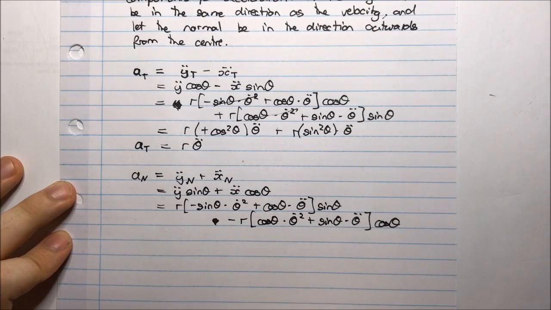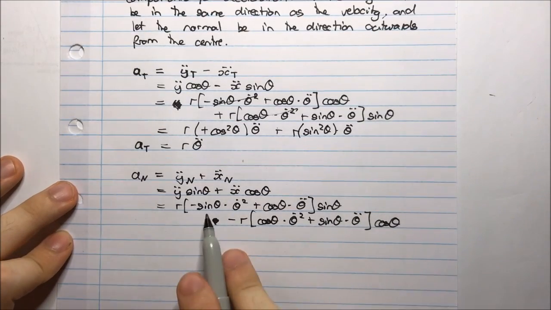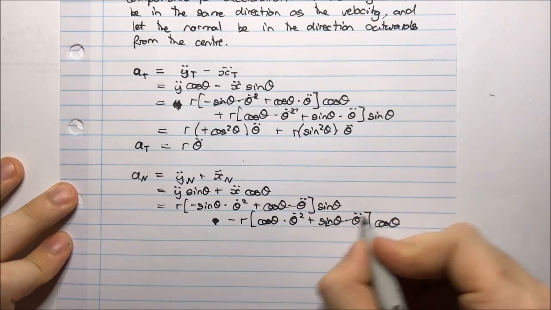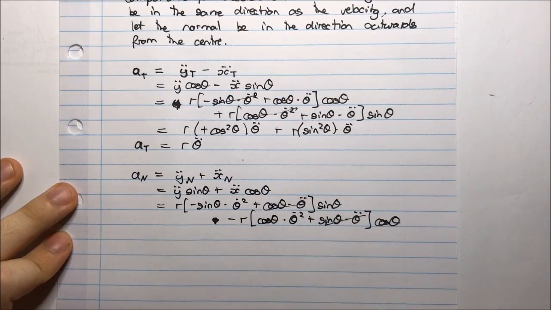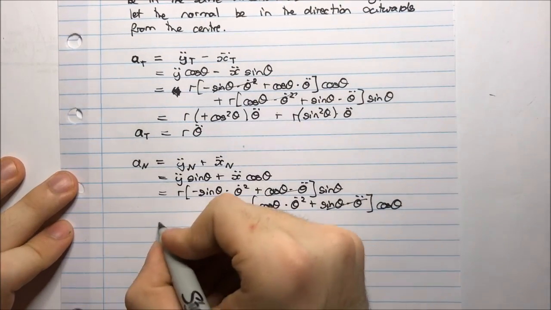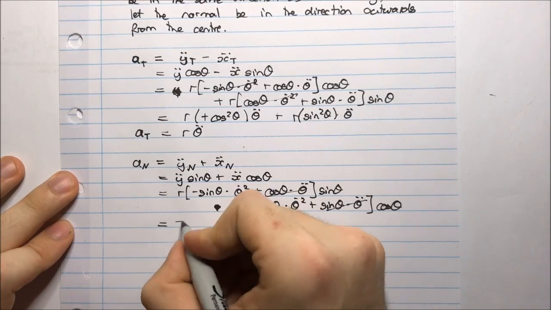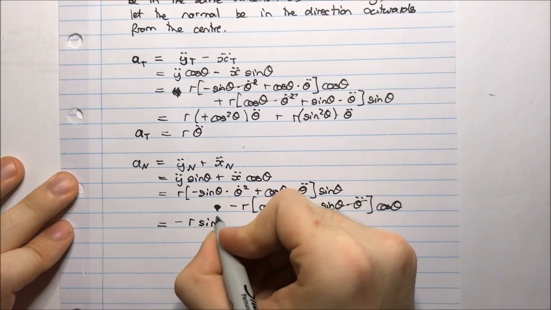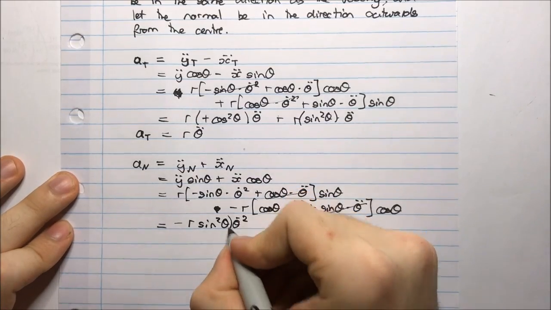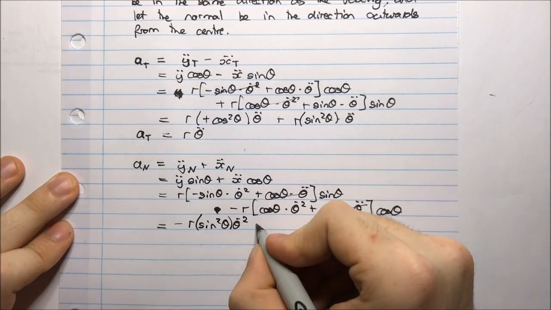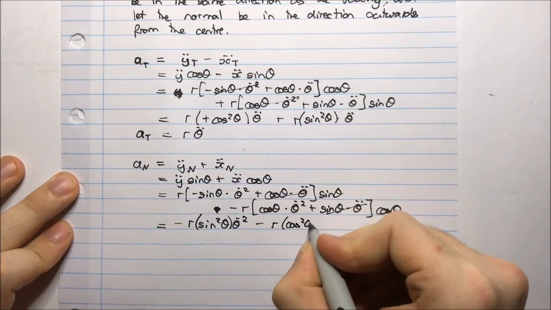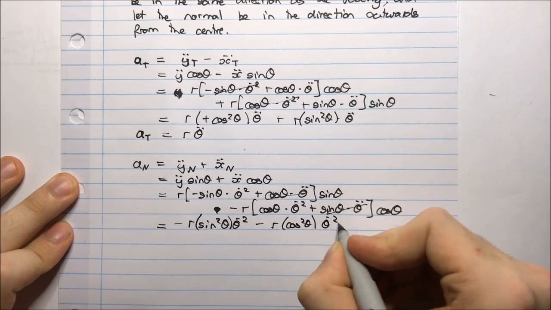Again, I'm going to get cancellations, which will come from where? They'll come from the cos and the sine terms. So those two will cancel. And I'm left with what? I'm left with, let's see, minus r sine squared theta, theta dot squared, let's put these in brackets, minus r cos squared theta, theta dot squared.